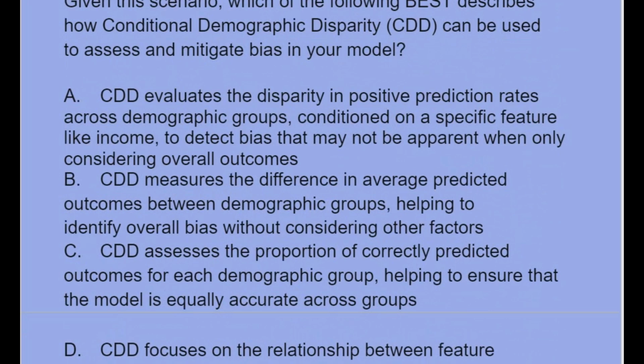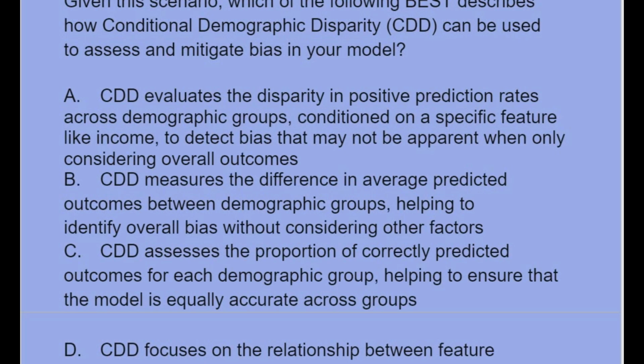Option A, CDD evaluates the disparity in positive prediction rates across demographic groups, conditioned on a specific feature like income to detect bias that may not be apparent when only considering overall outcomes.